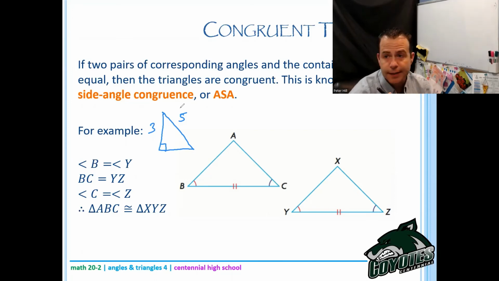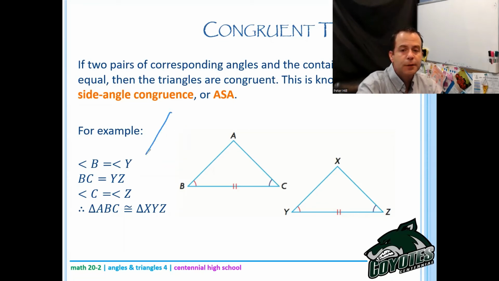Like this is not SSS, this is not ASA, this is not SAS. But there's a relationship with a right triangle called the Pythagorean theorem. If you had this, you automatically know what this bottom side is because of the Pythagorean theorem. So that would actually give you SSS congruency if you had two triangles that had that 90 degree, the 3 and the 5.